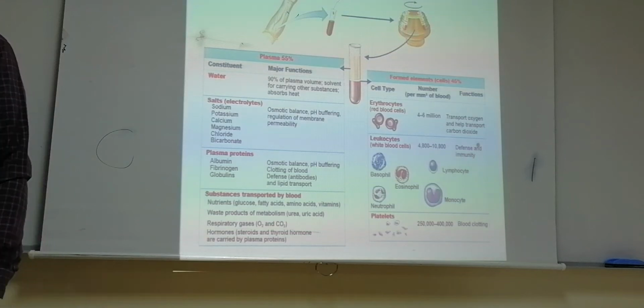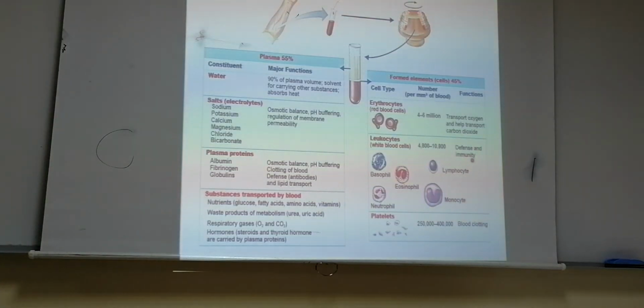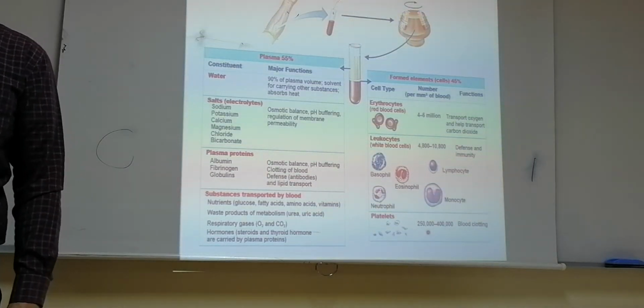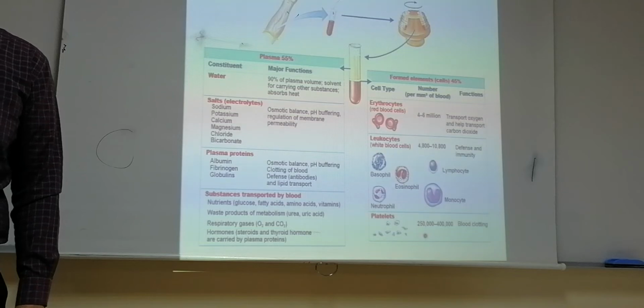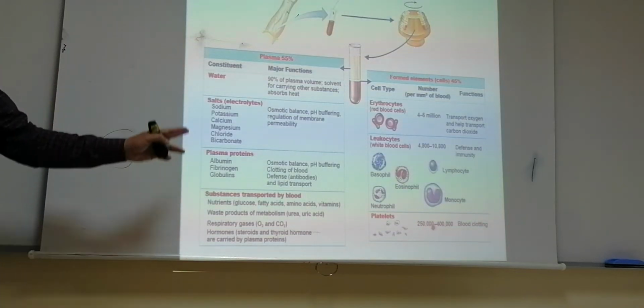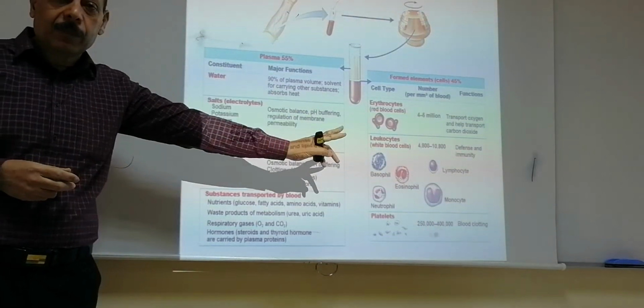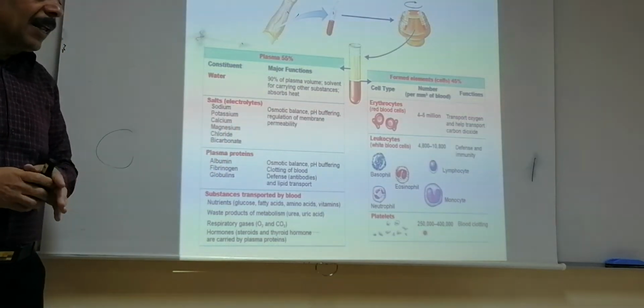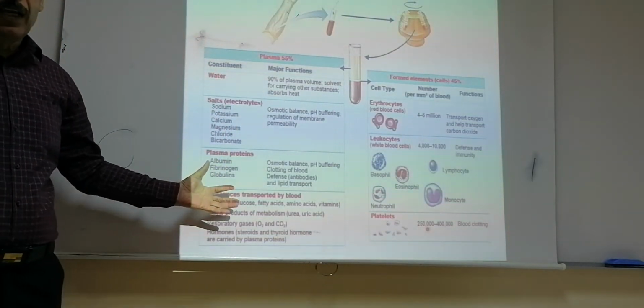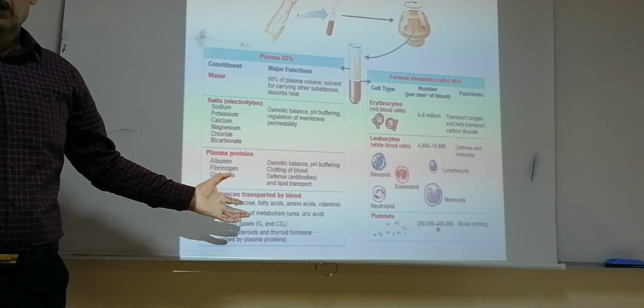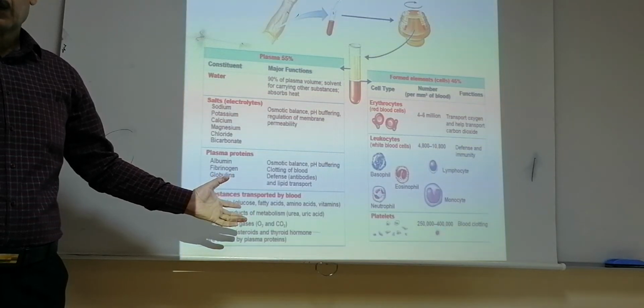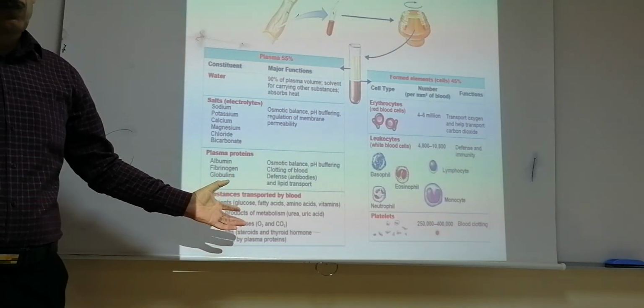Now you understand the components of the blood? Yes. So it is composed of two main parts: plasma and blood cells. The function of plasma is mainly for what? Nutrition.